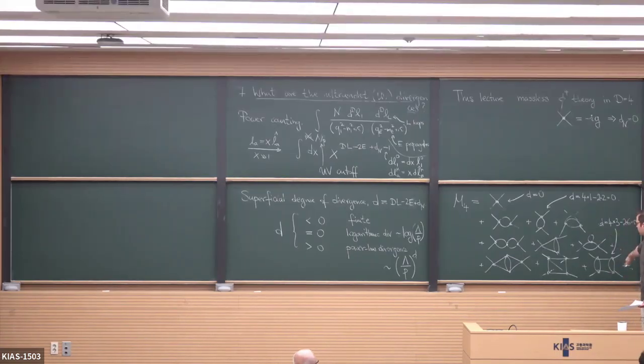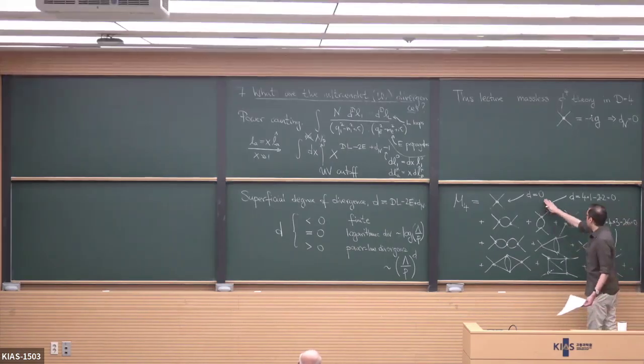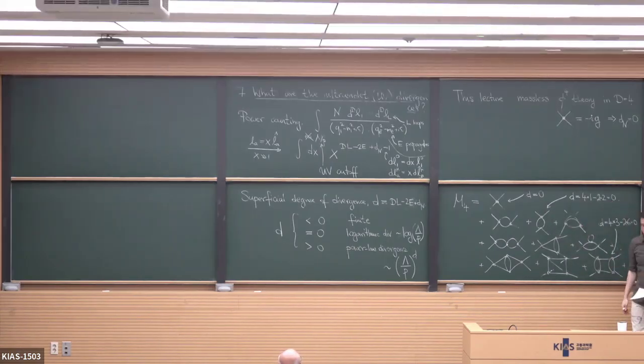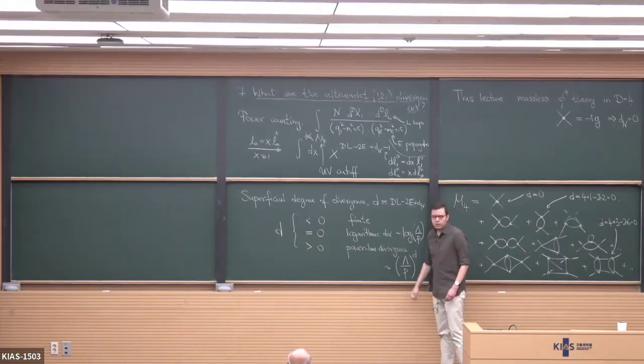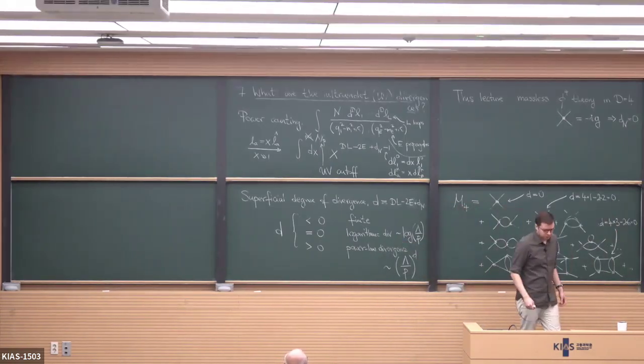You can go home and work out the degrees of divergence of all of these graphs. In fact, you can spend an infinite amount of time going to higher and higher loops, or you can just come up with a recursive argument, which would tell you that all the diagrams in this case have degree of divergence 0, or as we call them, they're marginal.